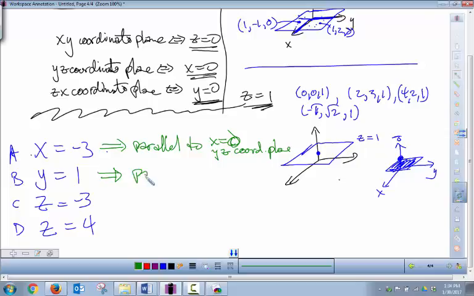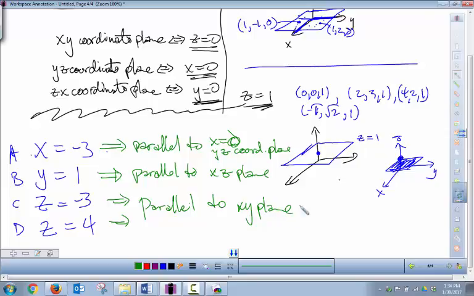And so, similarly, all these other ones are going to be parallel to the other coordinate planes. So this is parallel to the xz plane. And then these two are parallel to the xy plane. Okay?